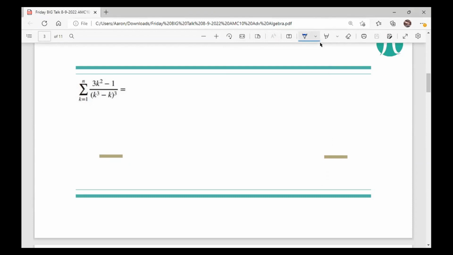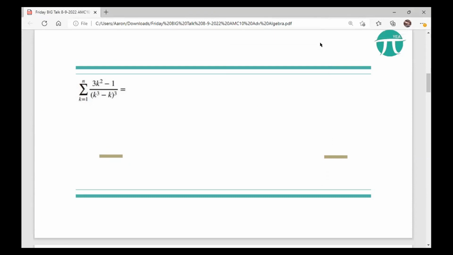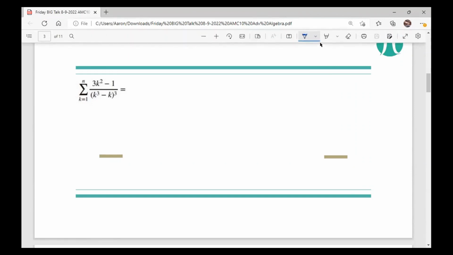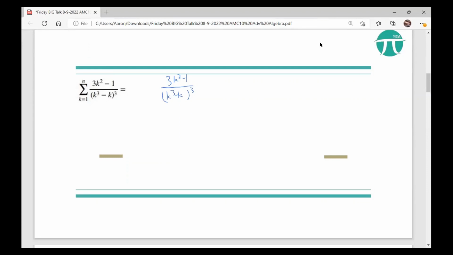The way you can do this is a bit contrived, but you can see that 3k squared minus 1 over k cubed minus k cubed is just equal to k minus 1/2 divided by k squared times k minus 1 squared, minus k plus 1/2 divided by a similar thing, k squared times k plus 1 squared.